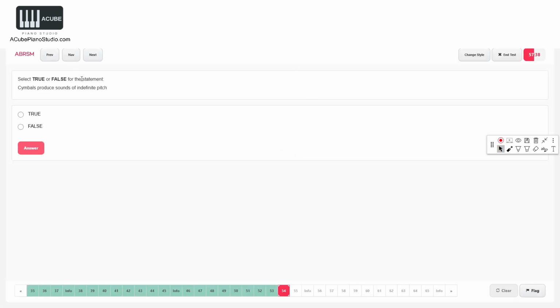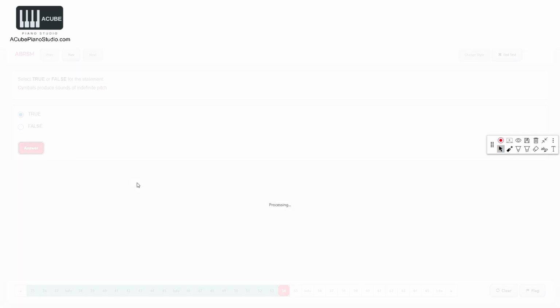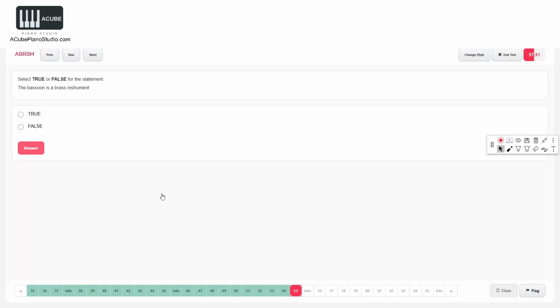Cymbals produce sounds of indefinite pitch. Yes, there's no C, D, E, F, G, so this is true. Okay, and finally, the bassoon is a brass instrument. No, a bassoon is a woodwind instrument, so it's false.